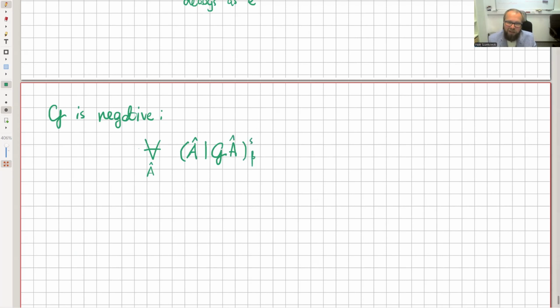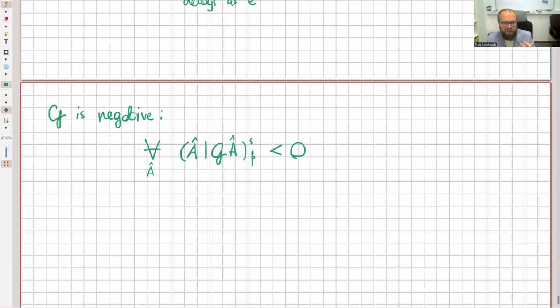We have our special inner product in a bag, and you take an average value of your operator G, and it's negative if for every non-zero operator A, this is negative.